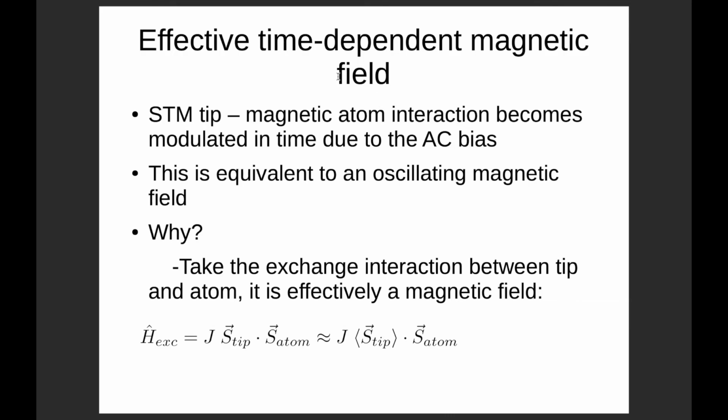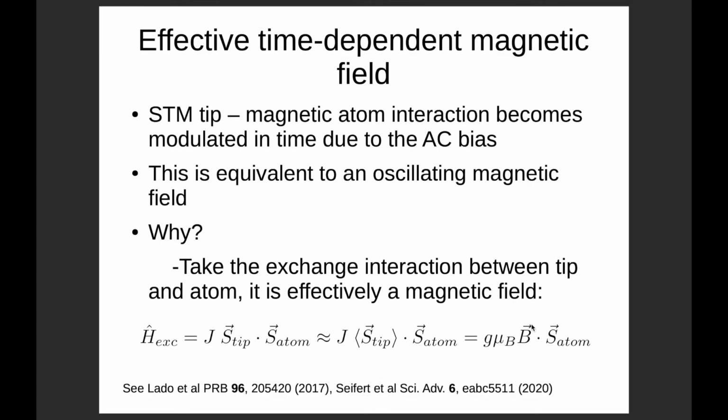So an exchange interaction is given by the spin of the tip dot product spin of the atom, weighed by some interaction J. And if we assume that this is basically a classical spin, then we can just take the expected value. And this full object here is just a vector. So it behaves the same as a magnetic field. And we can have the same sort of interaction as a Zeeman interaction between an external magnetic field and the spin.